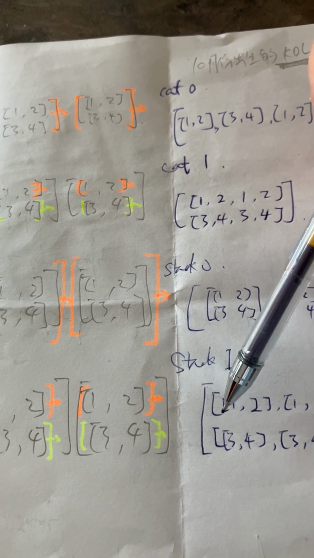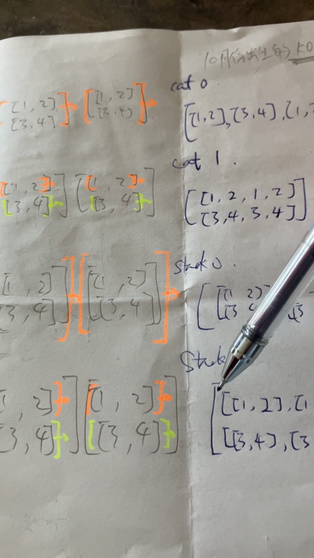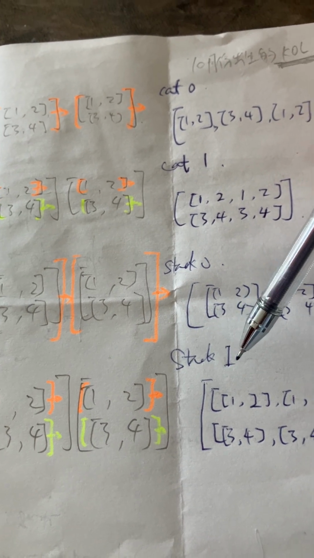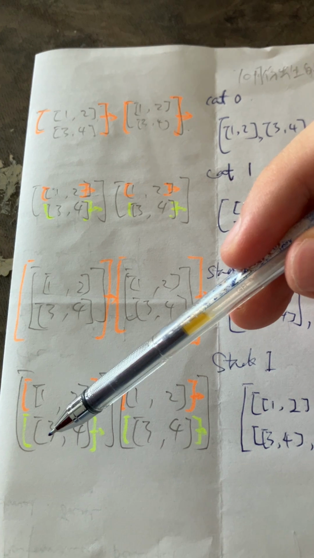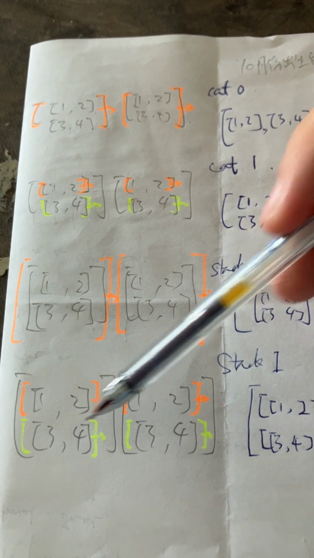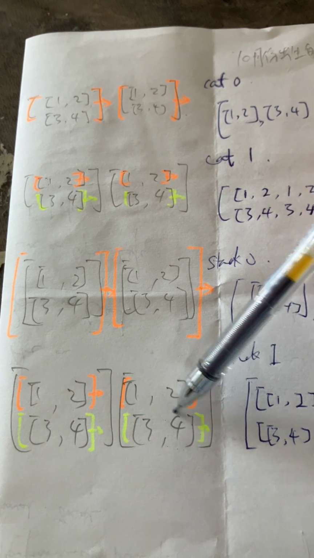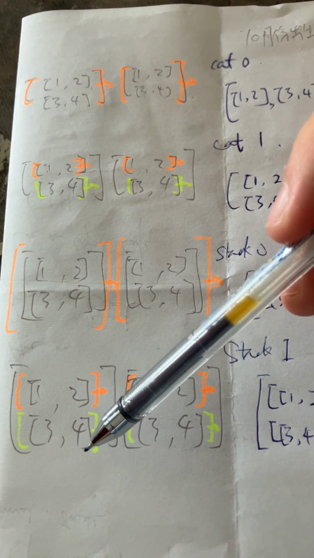You know, the stack function requires us to add one additional bracket along the specified dimension, right? So we do the same for the second element along the first dimension, which is like a bracket. Okay, we concatenate this, so we just move this part from here to here and put a comma here.